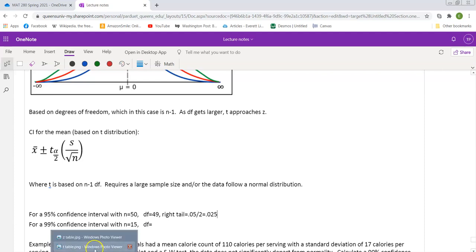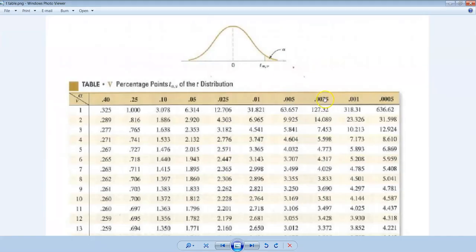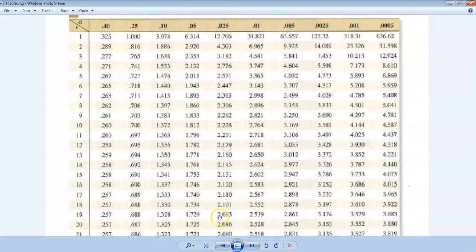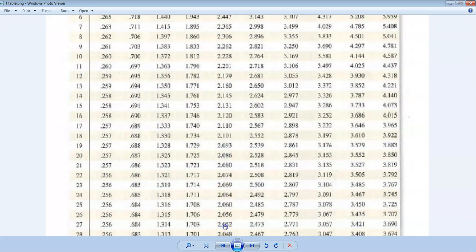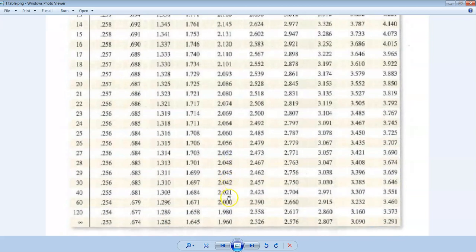So 0.025 in the right tail, and 49 degrees of freedom. So down this center column, we're looking for the closest thing on our table we can find, which is 2.021.